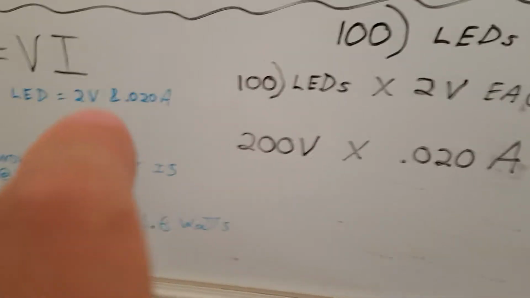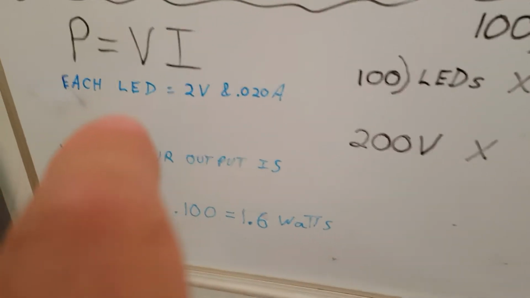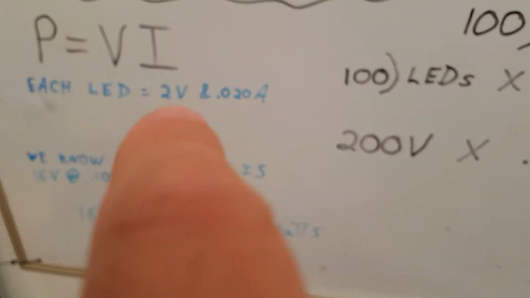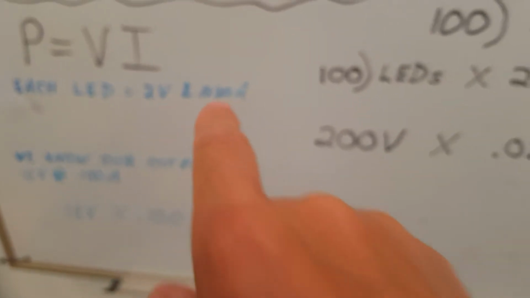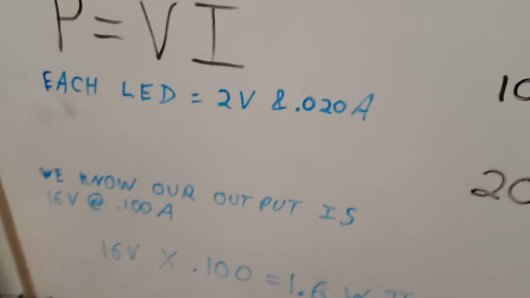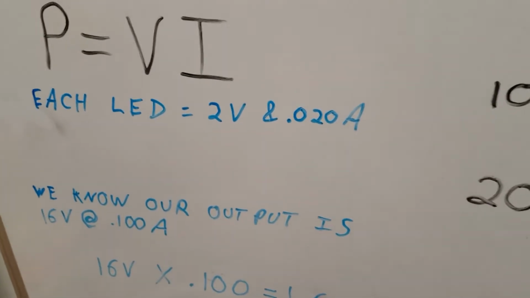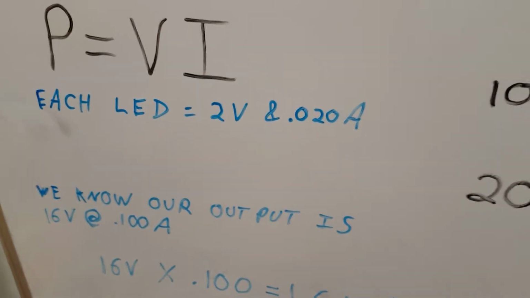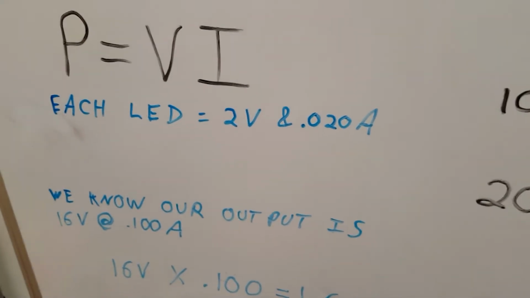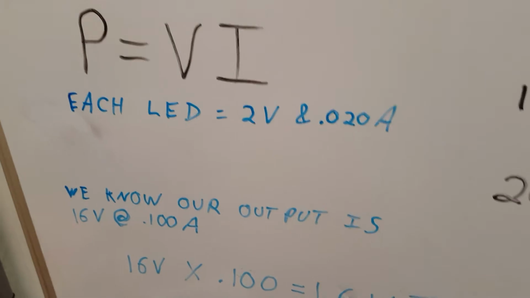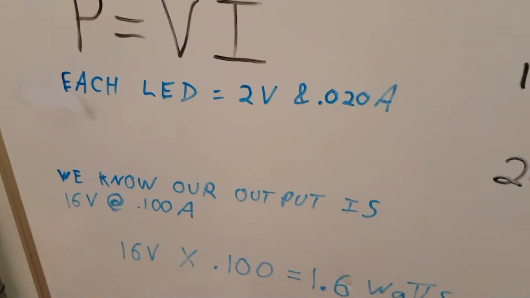Now let's look at our LEDs. I have 2 volts, and 20 milliamps, or 0.02 amps, is the working current across each LED.